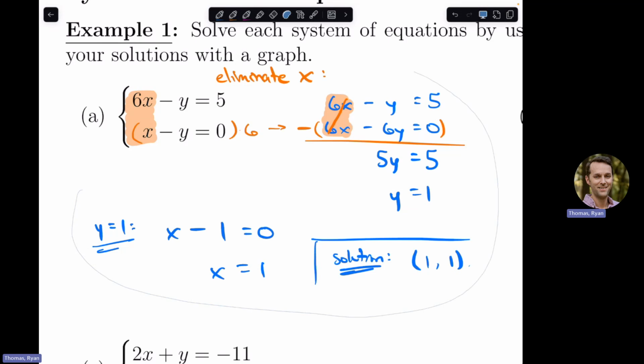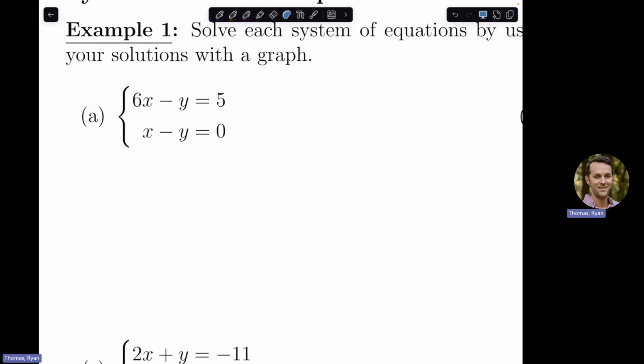Okay, so notice that if I just went into this without a plan, and just said, well, you know what, I'm going to add these together. Well, if I add them together, 6x plus x is 7x. Negative y plus negative y, so minus 2y. I would get that.